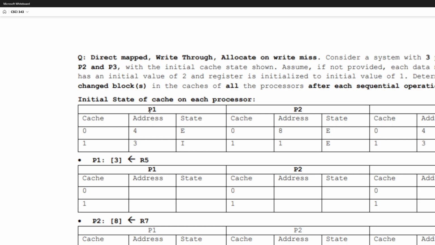It's a system with 3 processors, P1, P2, P3 with the initial cache state shown below. Assume if not provided, each data memory location has an initial value of 2 and registers are 1. Determine the state of the cache blocks in the caches of all processors after each sequential operation.